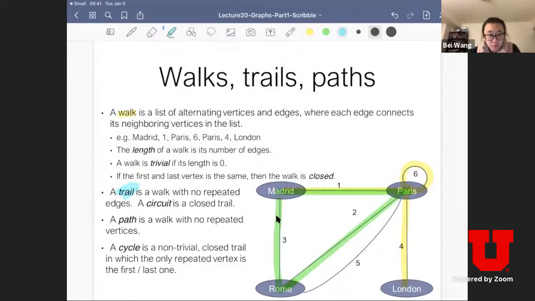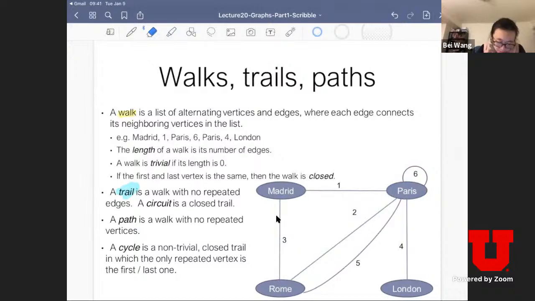A trail is a walk with no repeating edge. So remember, it cannot have repeating edges. If Madrid goes to Paris, Paris goes to Rome, then Rome goes back to Paris, and Paris goes to London, this is a trail.